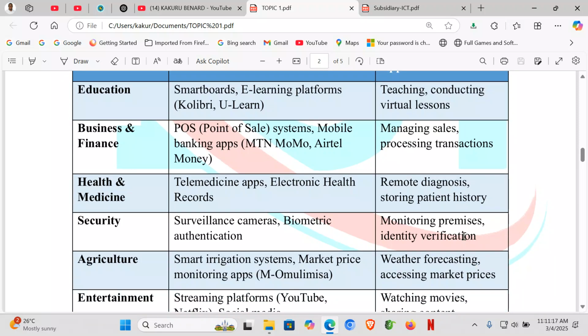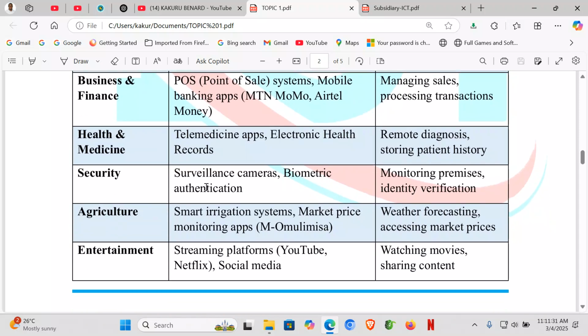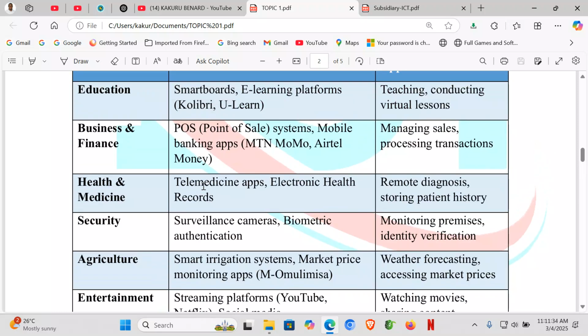Health and medicine. We have telemedicine apps. We have electronic health records. These ones, you find that their application is for remote diagnosis and also storing patients' history. In security, the ICT tools here, we have surveillance cameras, we have biometric authentication tools and hardware.